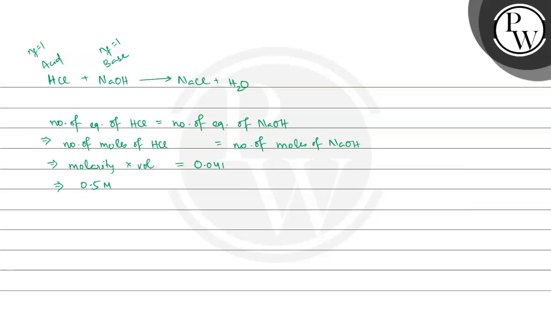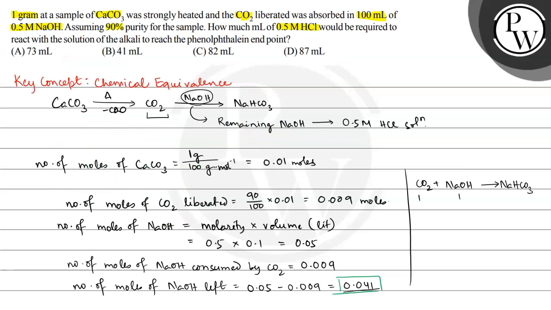Alright, 0.5 molar multiplied by V, that is equal to 0.041, and if we calculate the value of V, then V will be equal to 0.041 divided by 0.5, and then this is equal to 0.082 liters, and if we convert it into milliliters, then this will be equal to 82 ml. So 82 ml of 0.5 molar HCl will be required to react with the remaining NaOH.